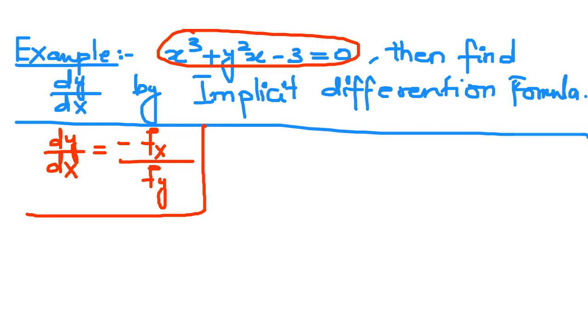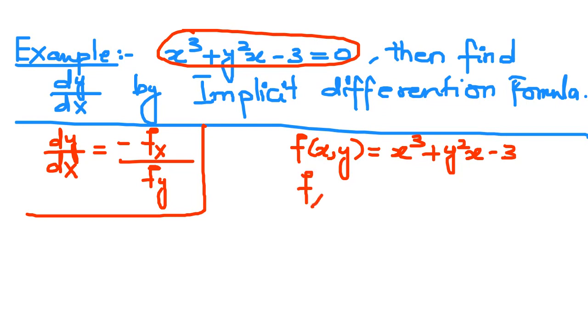You can write f of x, y is equal to x power 3 plus y square x minus 3. Now what is the partial derivative with respect to x? Anybody can tell me?